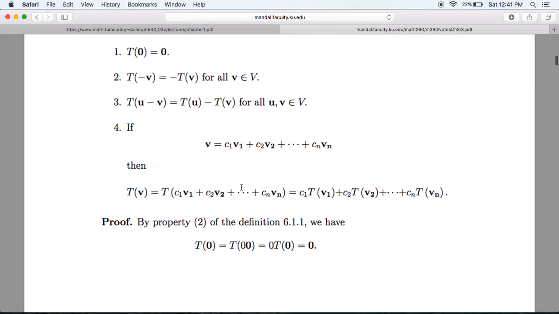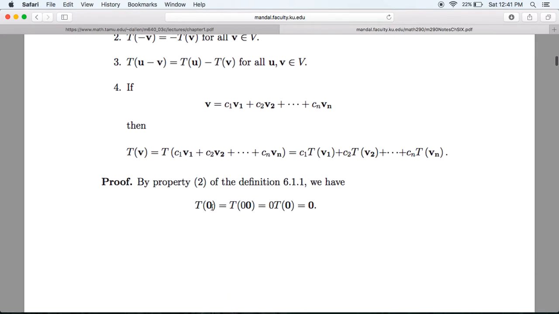How? T of 0 is equal to T of scalar 0 times vector 0 by the second property of linear transformation. And by the second property, this scalar 0 can be pulled out.